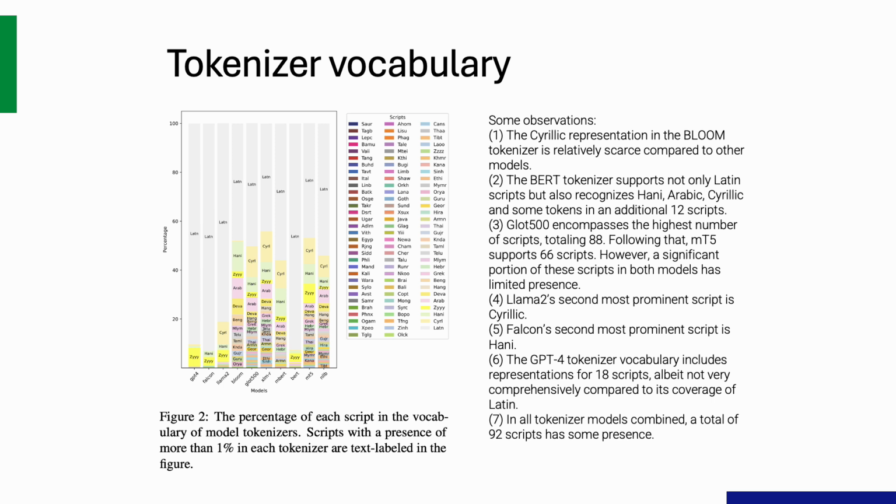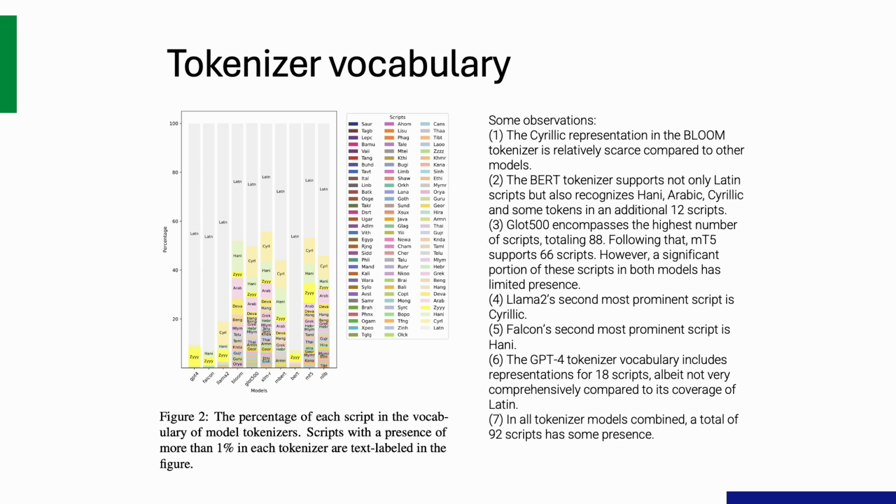And on the other hand, we found out that for some of the language models, the tokenizer representation for some of the scripts was scarce relative to the other models, such as Bloom, which seems to have a really small Cyrillic representation, in the second category for language tokenizer vocabulary.